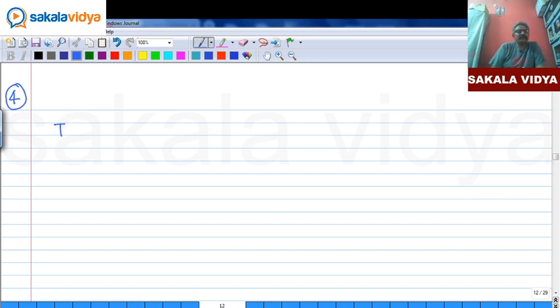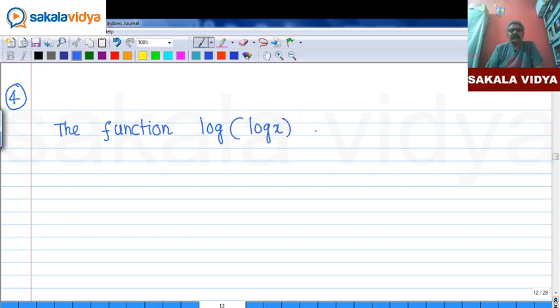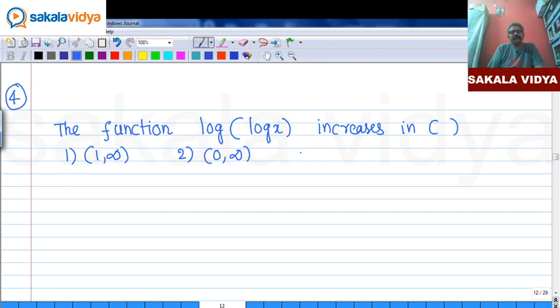The function log of log x increases in: first option, 1 to infinity; second option, 0 to infinity; third option, minus infinity to infinity, so third option is not the option for every real number R.